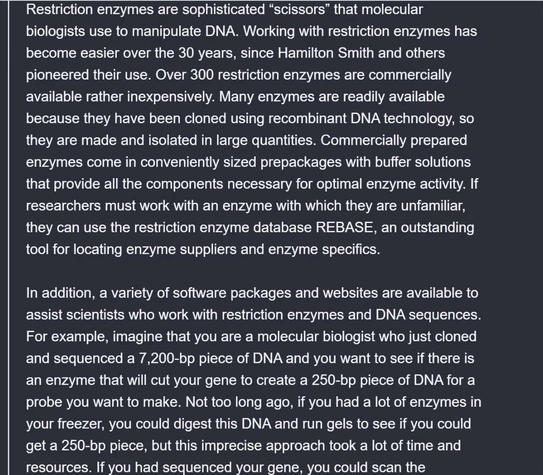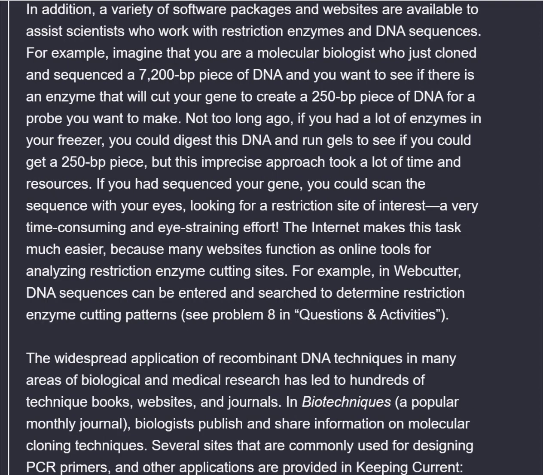Commercially prepared enzymes come in conveniently sized prepackages with buffer solutions that provide all the components necessary for optimal enzyme activity. If researchers must work with an enzyme with which they are unfamiliar, they can use the restriction enzyme database REBASE, an outstanding tool for locating enzyme suppliers and enzyme specifics. In addition, a variety of software packages and websites are available to assist scientists who work with restriction enzymes and DNA sequences.